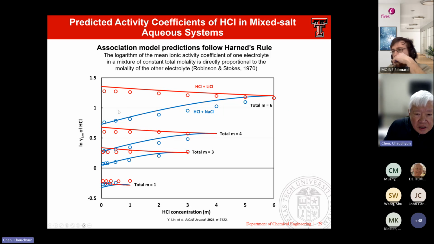So what that says is that if you put HCl and lithium chloride solution together and maintain the constant molality and increase HCl concentration, initially it's all lithium chloride, and down to here is all hydrogen chloride. Of course, these two endpoints are captured by the single electrolyte model parameters. The question is whether the model gives us a linear correlation or not. And it does.